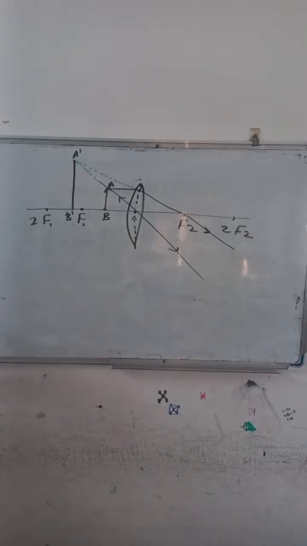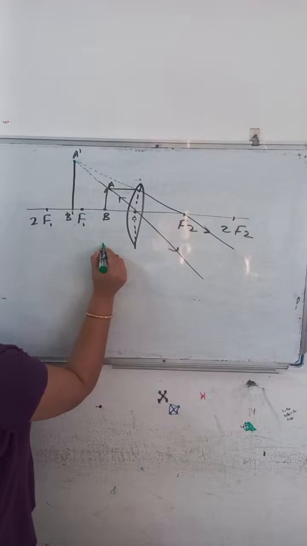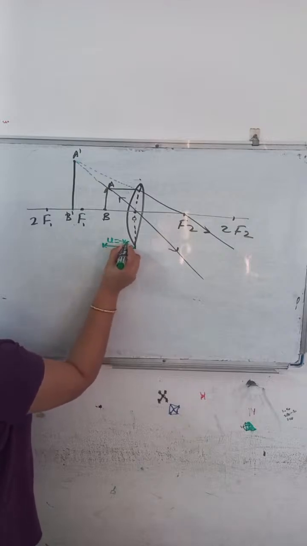So this is the image we got. This is only the first diagram. They are not asking anything over here. According to their information, we kept the object in between the optical center and focus. Now in the second bit they are asking to show u, v and focal length. AB is the object, so here I kept this, and in this case u is negative.